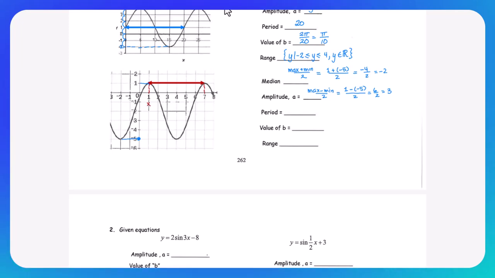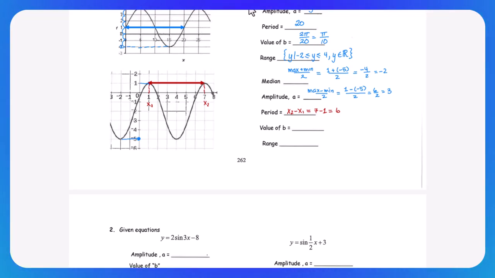Remember, this is like an x1 value. This is an x2, so from max to max. So we're just going to say x2 minus x1, which is 7 minus 1. I realize we might be able to count it, but we're just going to show a little formula in case we have to do it where the numbers aren't so easy.